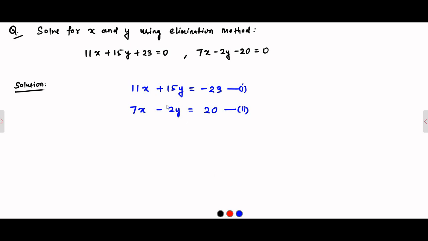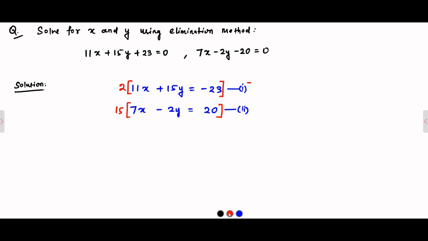The coefficient of y in the first equation is 15, here the coefficient of y is 2. So multiply 2 with the first equation, 15 with the second equation.